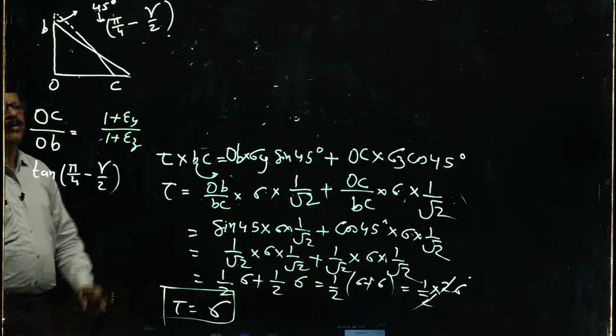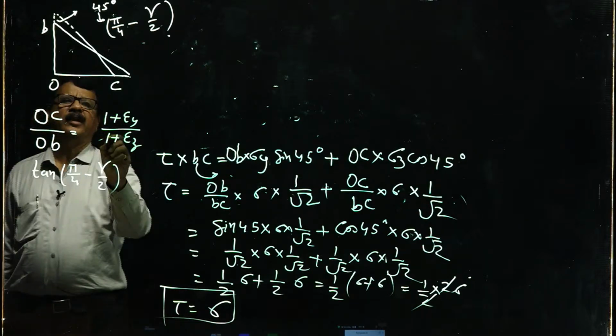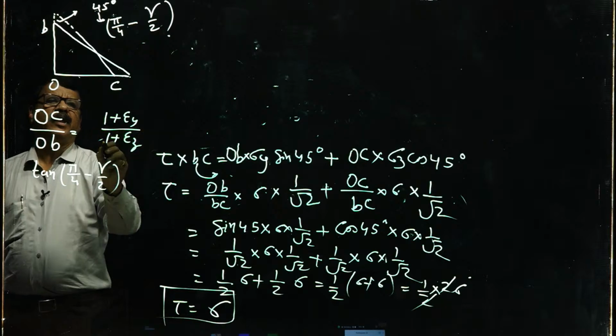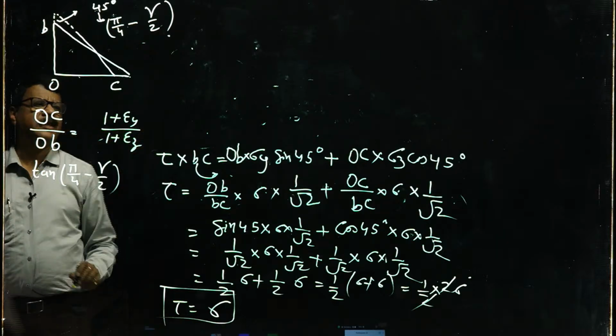If you take the unit length, then after deformation this side is 1 plus EY and this side becomes 1 plus EZ.